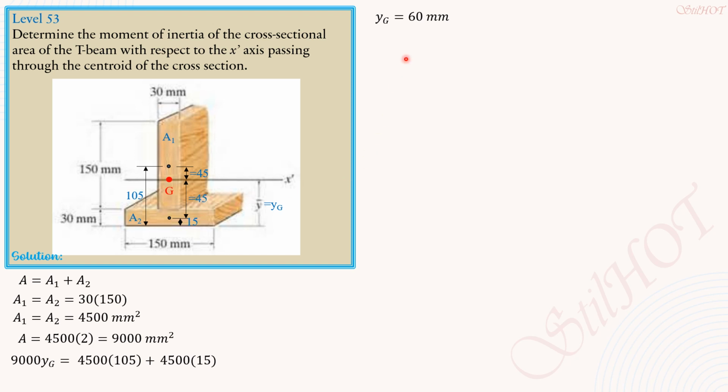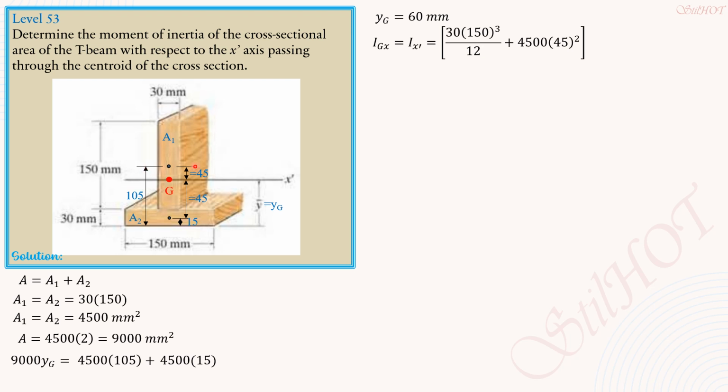So that is Ix or Igx or Ix prime equals 30 times 150 cube over 12 plus 4,500 times 45 square for this upper rectangle. Moment of inertia with respect to the centroidal x-axis is base 30, height 150 cube over 12.